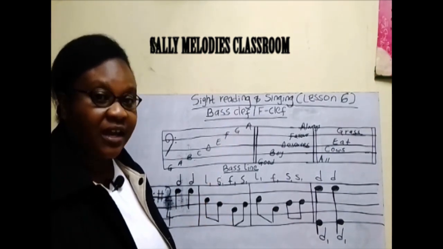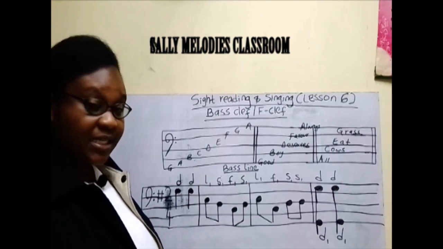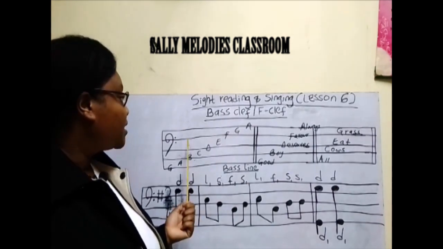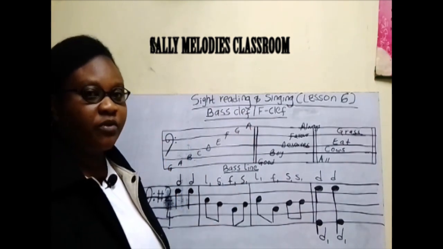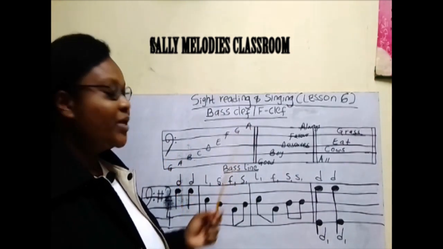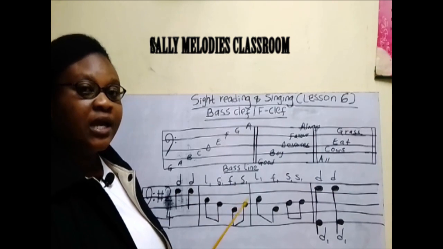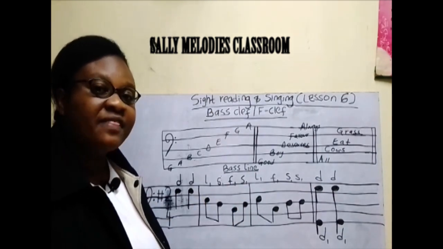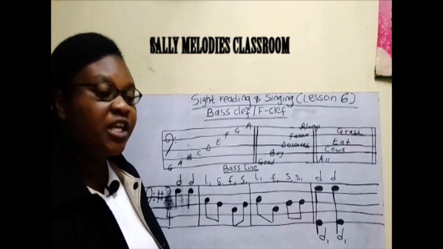We have other clefs, but at this level we are only going to look at bass clef and treble clef because we are in basic level. But as we advance, we are going to see which other clefs are involved in music.